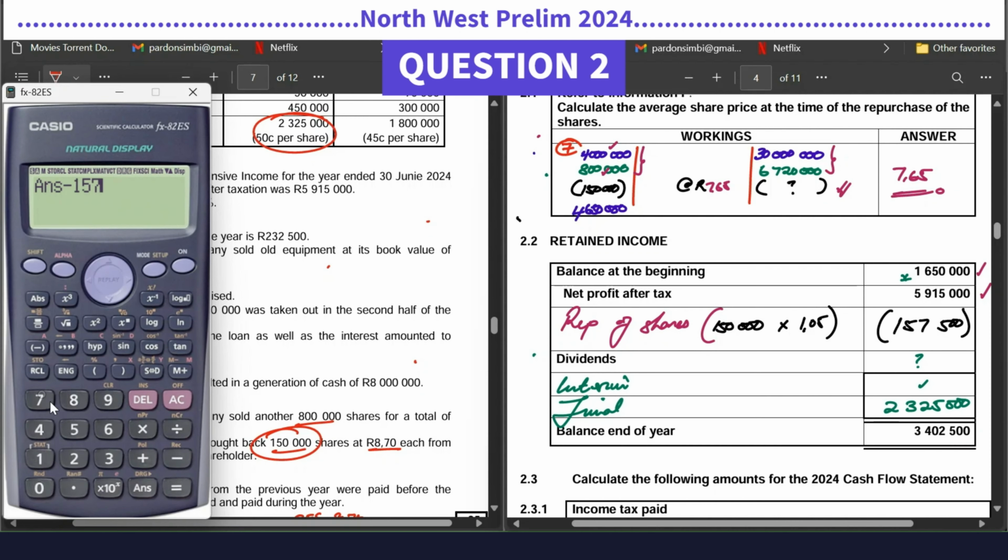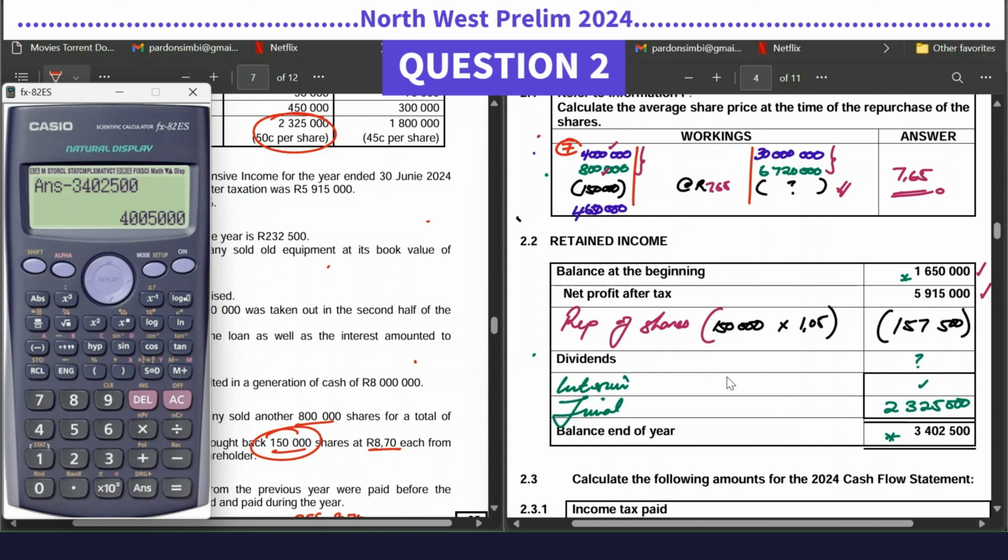And then I'll get that. Then I'll say minus the 3,402,500, which is at the bottom now. 3,402,500. And then I'll end up with 4,005,000. So that becomes my dividends over here.